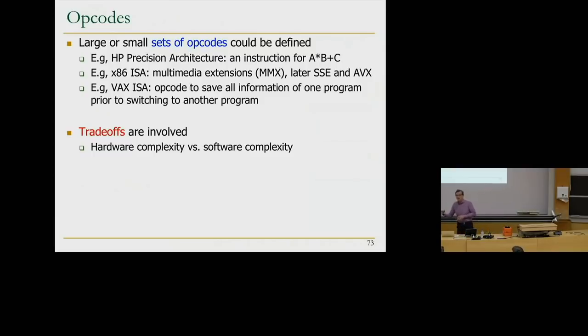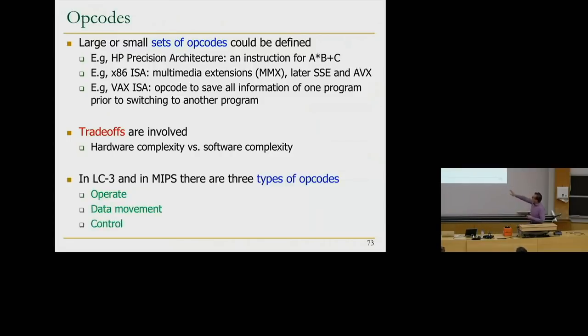For example, you can write a linked list node access with a single instruction. That's possible in some particular ISA. Not in MIPS, not in LC3. Not in most ISAs, actually, because hardware becomes more complex and software may be easier, but compilers are very good today, actually. So maybe they don't want the linked list instruction.